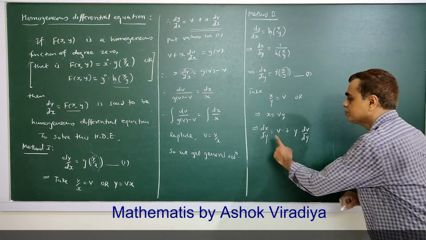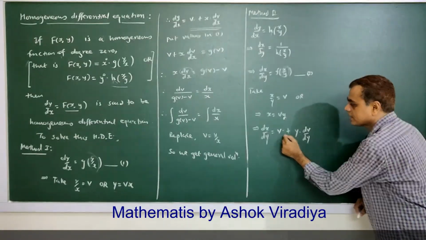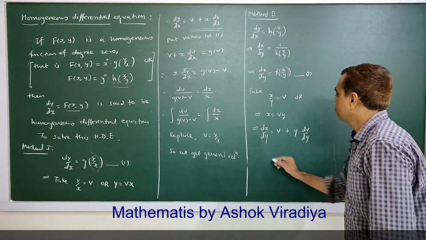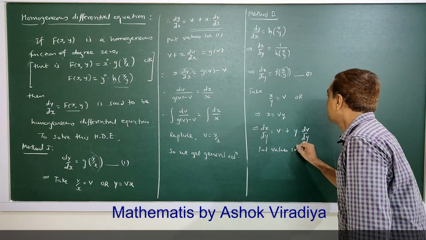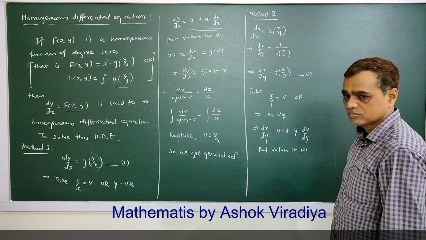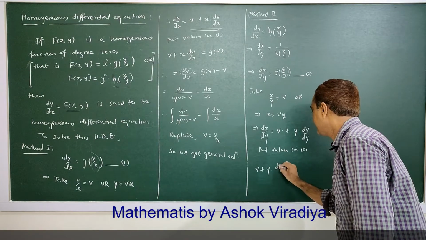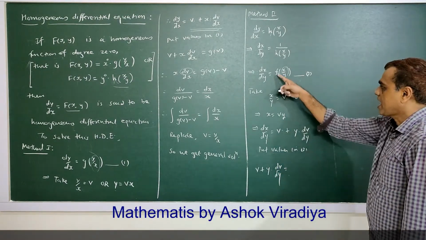So putting values in equation 2, dx by dy is v plus y into dv by dy equal to f of v.